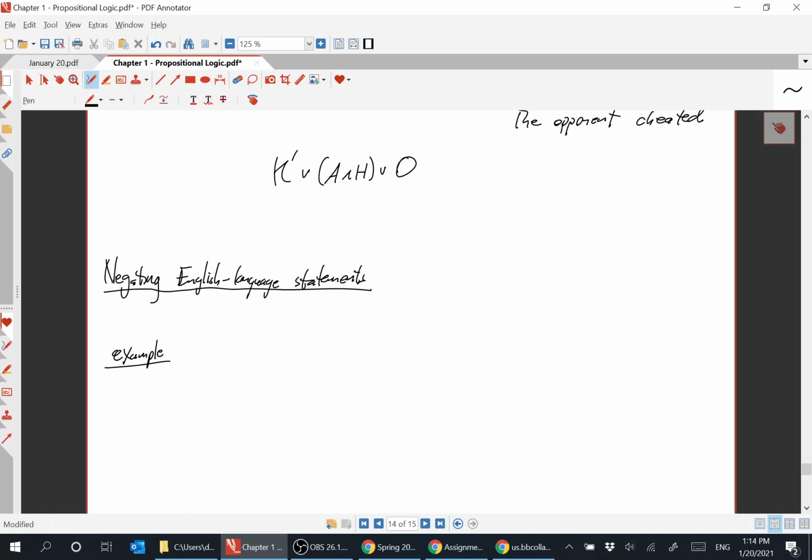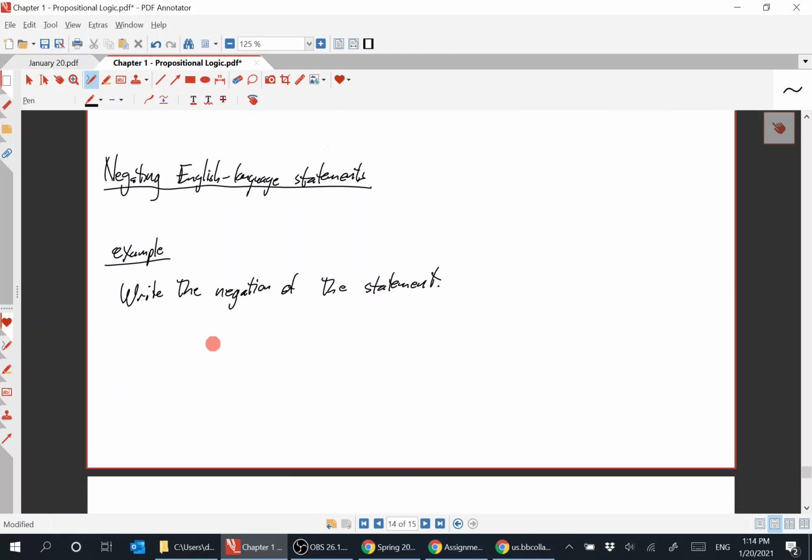Anyway, so if you would like to negate a statement, other than doing it that way, by writing it in clearer English, how do you do that? Okay, so the most surefire way of doing it is to use propositional logic. So, for example, write the negation of the statement: if the restaurant is good, then the prices are high.